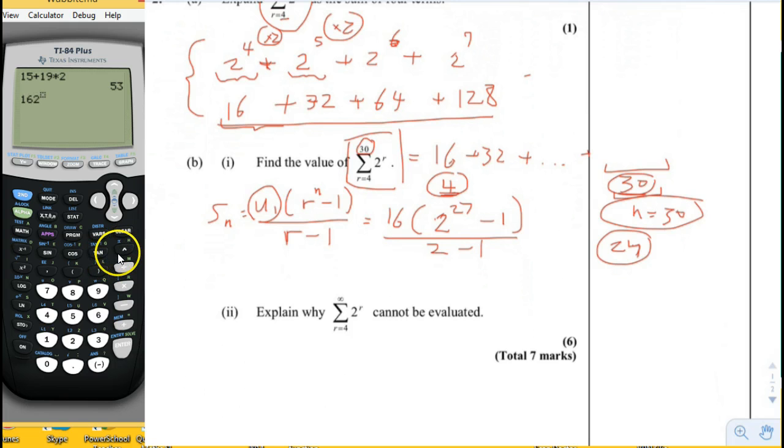2 to the, parentheses, 2 exponent 27, and that is minus 1.